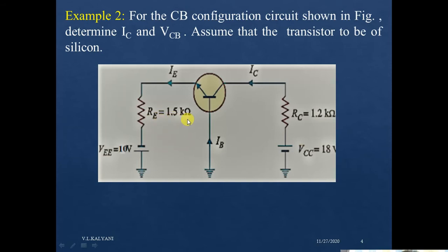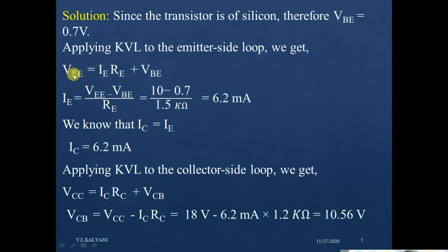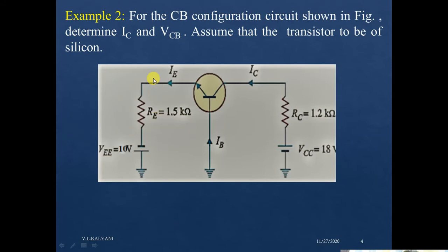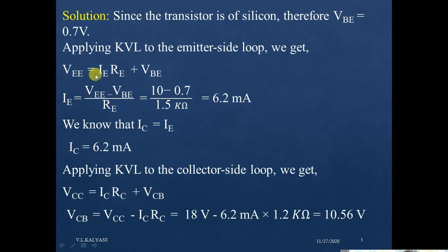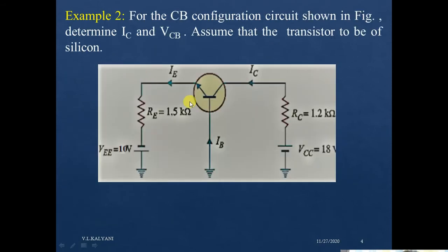After applying the KVL over here, the equation will become VEE is equal to IE into RE plus VBE. So this is IE into RE, and here VEE is given. This is your VBE.